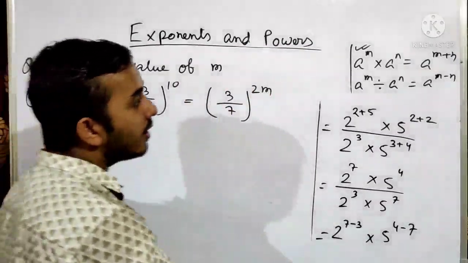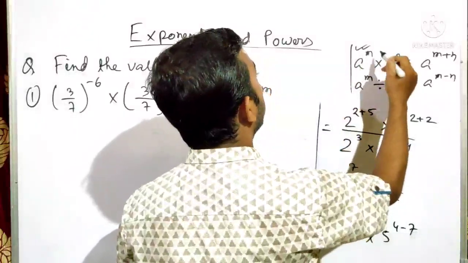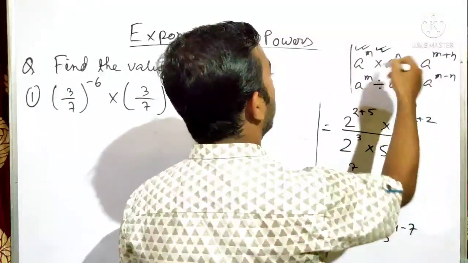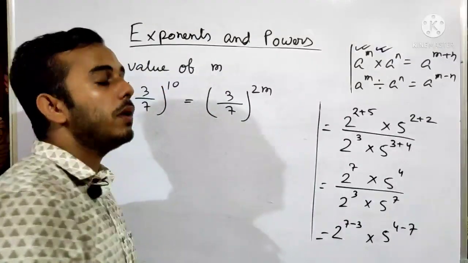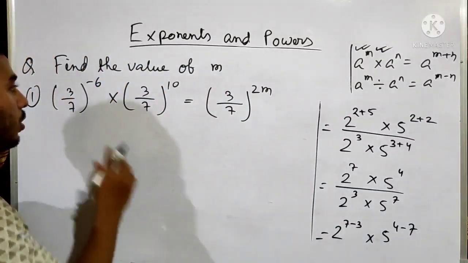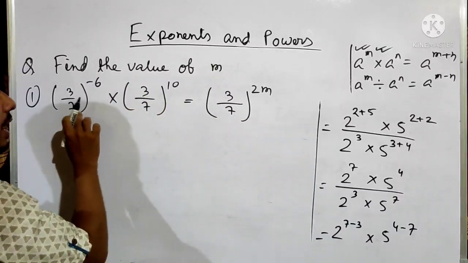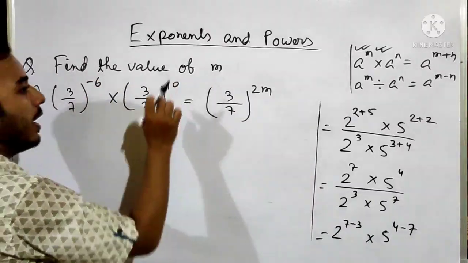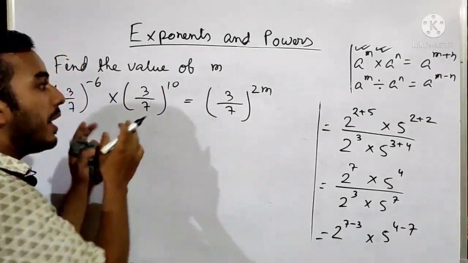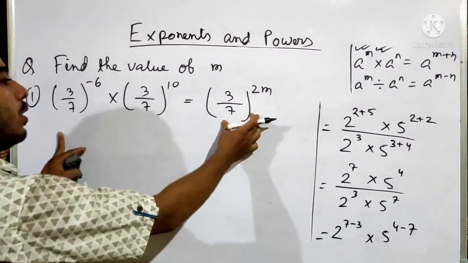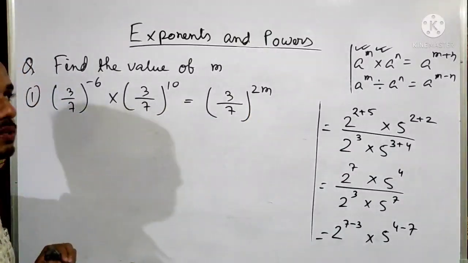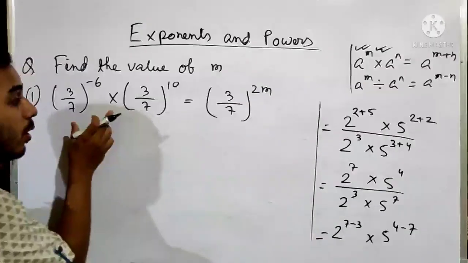We will use this very important relation, a power m into a power n. Here a is 3/7. In the RHS we have only one number, so we'll keep it apart and solve this one.